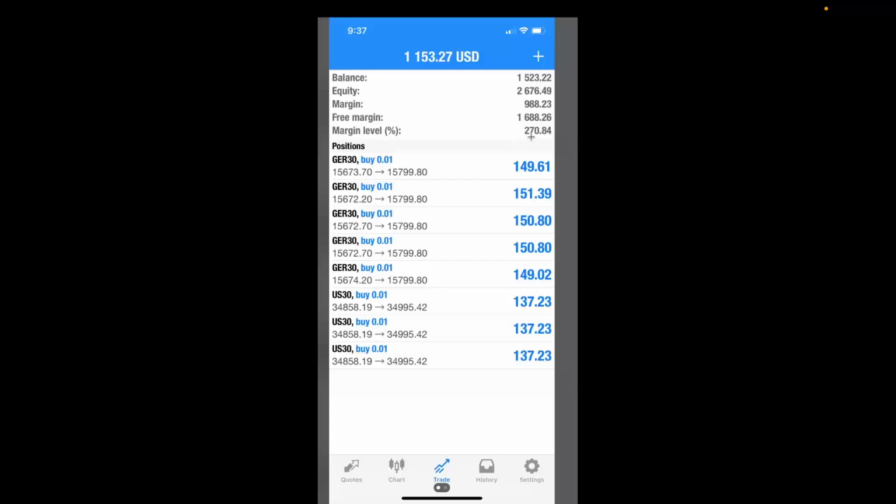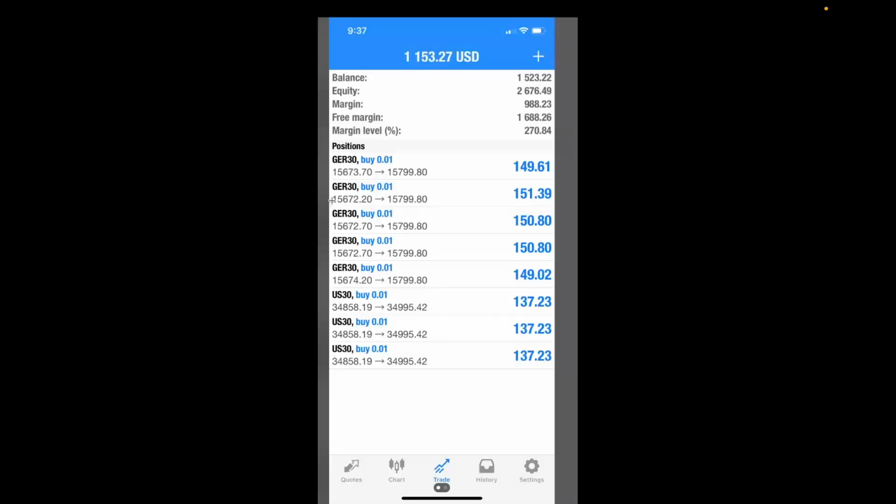With this 270 percent, it means you still have 2.7 times the money you already spent to open this trade, still available to open more trades. So that is that about free margin.